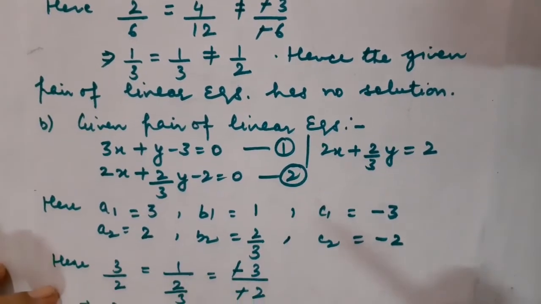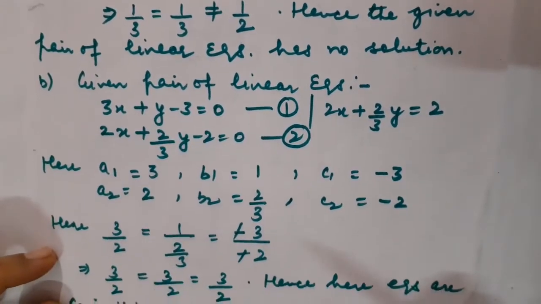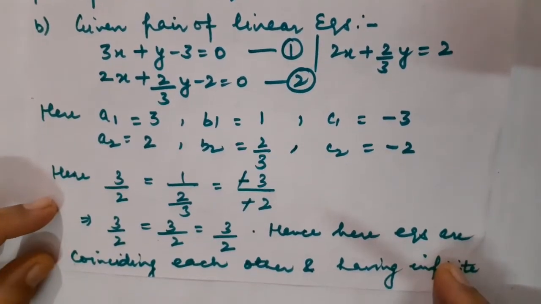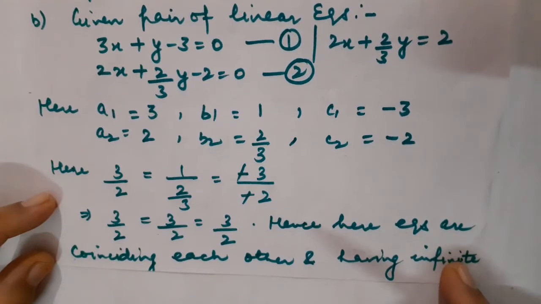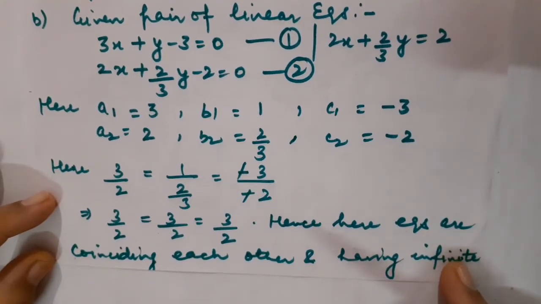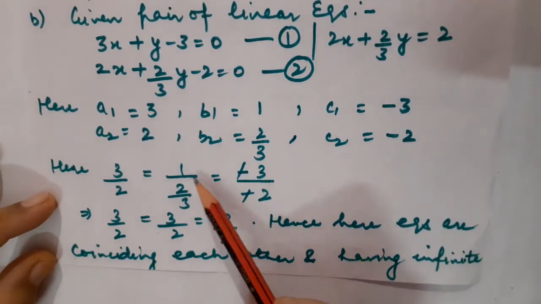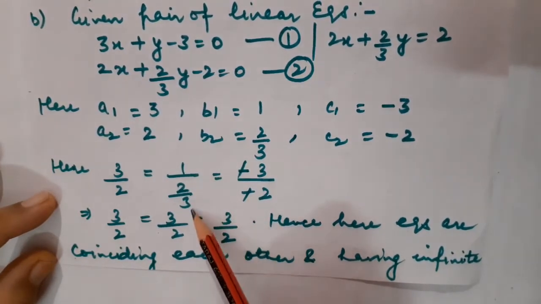In the same manner, children, I have solved the second part also. Please match the solution carefully. If still you are unable to understand, then we can discuss these solutions in live session also. Here you just see this is P upon Q upon R form.